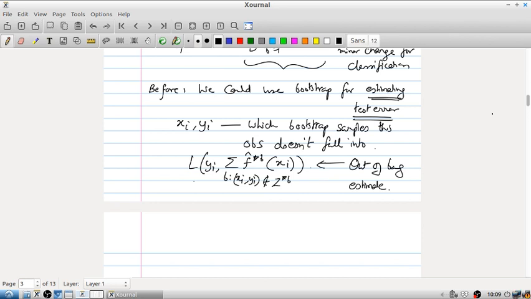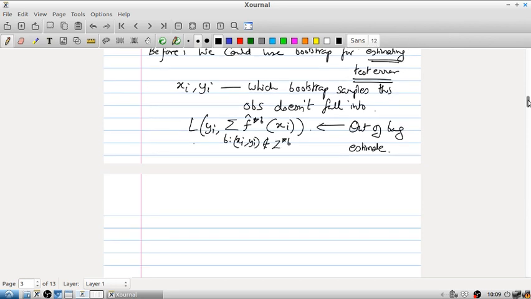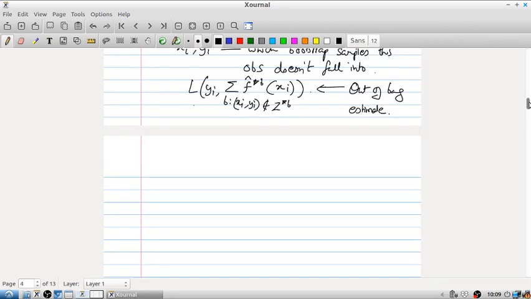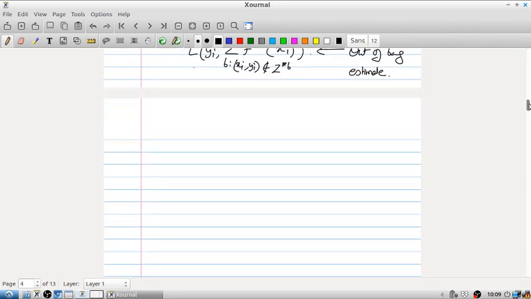Okay. AdaBoost can work with trees, but I'm talking about gradient boosting, which is more general. That was the key point of last lecture. Just a quick recap so that you put things in perspective.